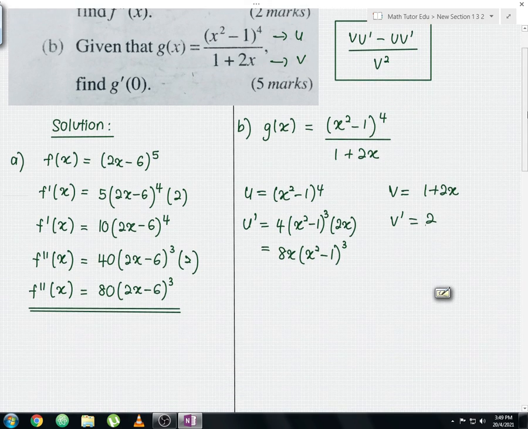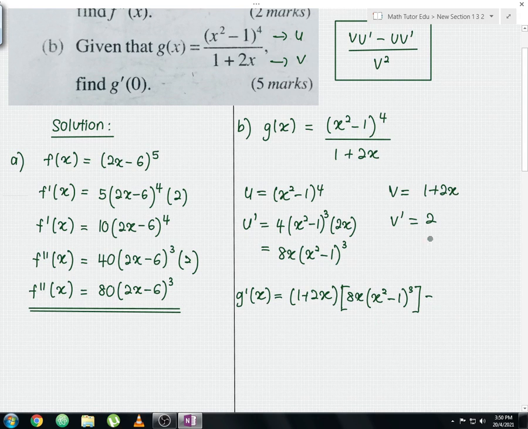From here, g prime x will be equals to v times with u prime. From here, (1 plus 2x) times with 8x (x square minus 1) cube, minus with u v prime.